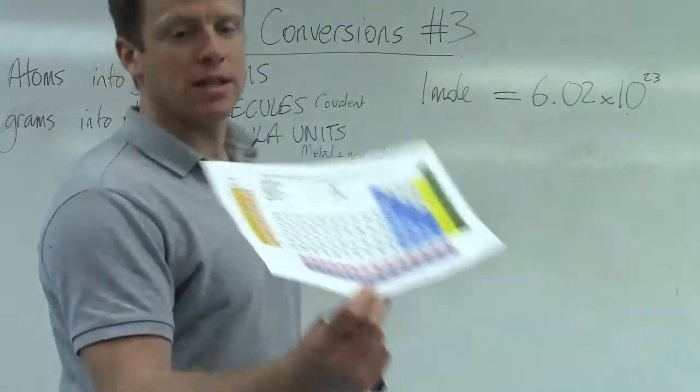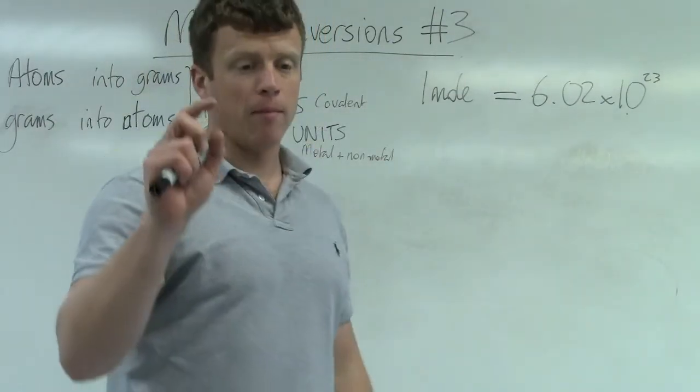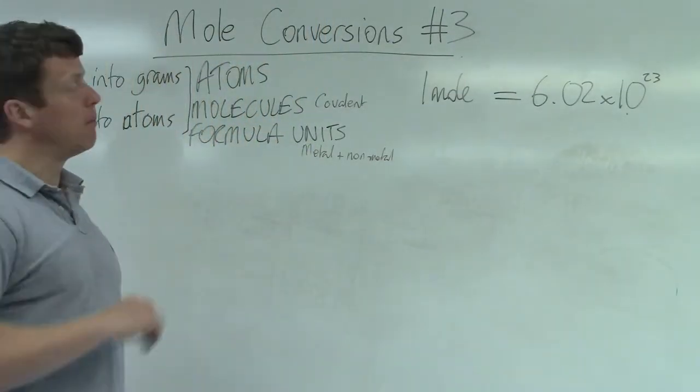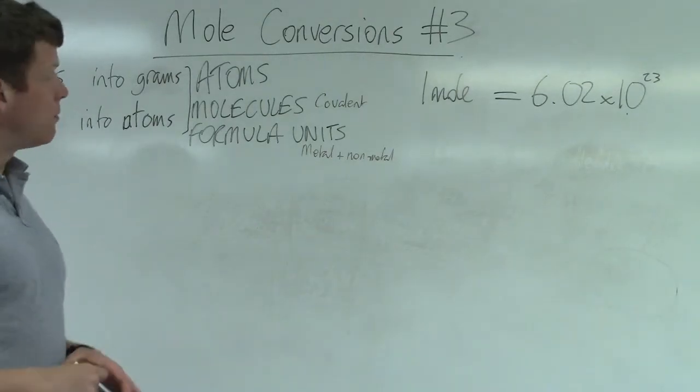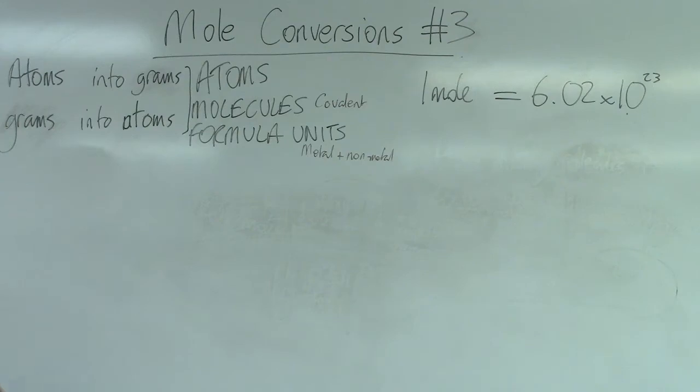We need a periodic table this time because we're going to be dealing with grams from the molar mass of each of the elements, and then we need a calculator as well. Boom. So now let's come up with a problem.